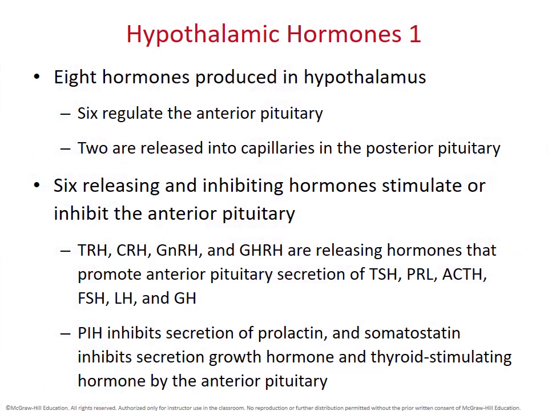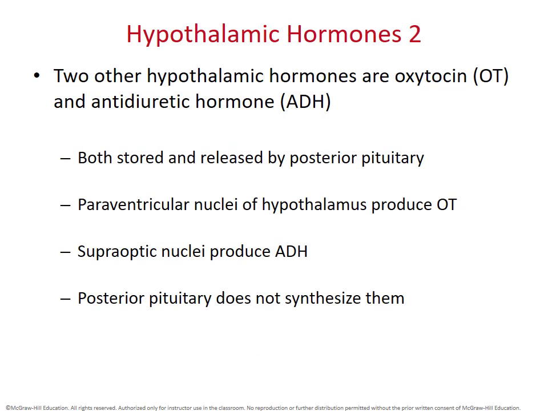As I said, the hypothalamus produces several releasing and inhibiting hormones. But again, we're not responsible for them, so they are listed here in the PowerPoint, but we're not going to cover those in this particular lab. Now, recall that the neurohypophysis, the posterior pituitary, does release two hormones, oxytocin and antidiuretic hormone.